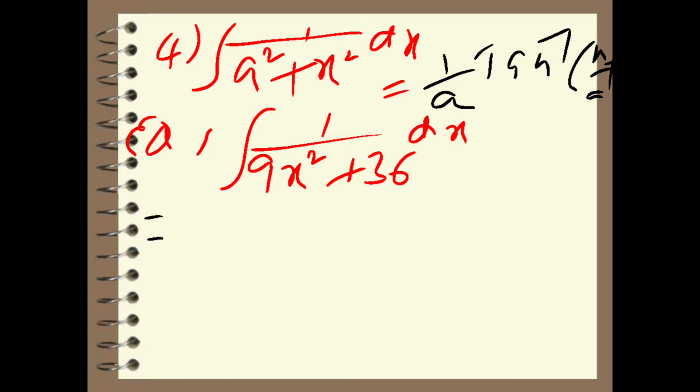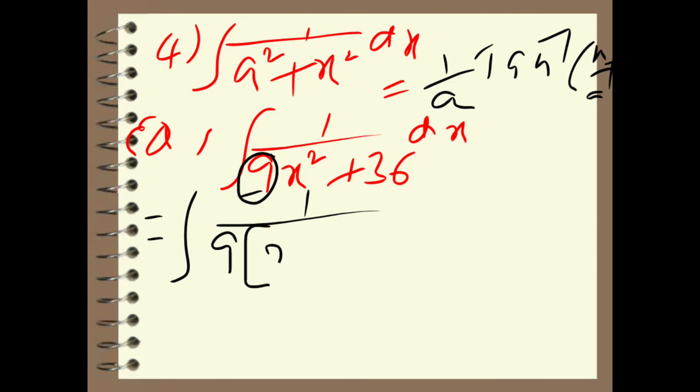Yes, as we know that if x square coefficient is not unity, that means not 1, that means other than 1, then the basic step is you have to take common the x square coefficient. What is the x square coefficient here? 9. So take 9 common. If we take 9 common, then what we get? 9 of 9 1 is 9.